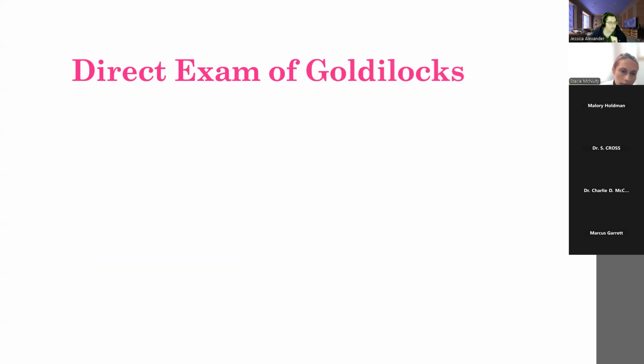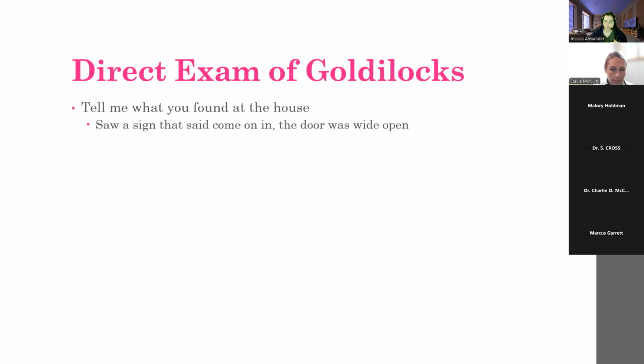Okay. And so for a direct exam of Goldilocks, you're going to go the other way. You're going to show that she thought it was reasonable, that she was invited in, that it wasn't trespassing, right? So, tell me what you saw at the house. Well, I saw a sign that said, come on in, and the door was standing wide open. And what did you see when you went in?